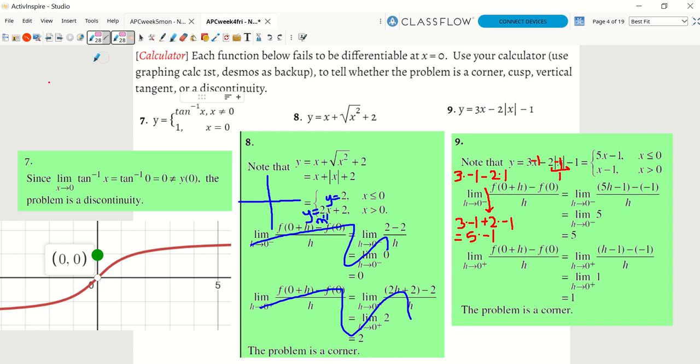And I just rewrote the signs, negative, invisible positive, into positive and negative, and I essentially get 5 times negative 1, which is negative 5. You get negative 5 here and negative 5 here, same thing.